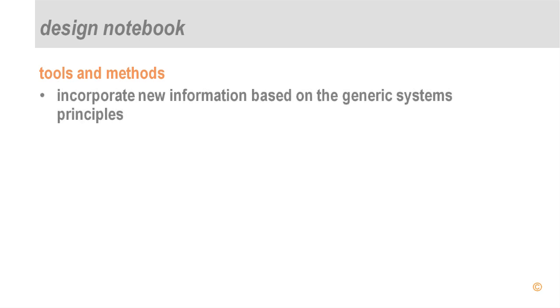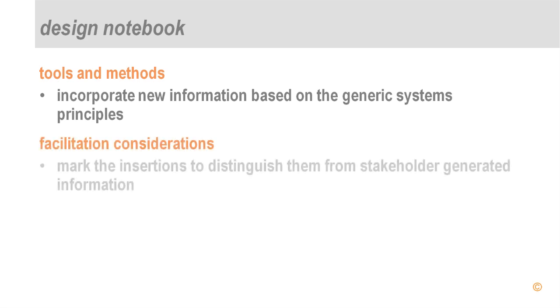It is also useful that the task team incorporates new information based on generic systems principles, like those which we learned about in Module 3. So, for example, that they add ideas on systemic governance that did not come out of the workshops. We feel, however, that those ideas should be marked to distinguish them from the stakeholder information.